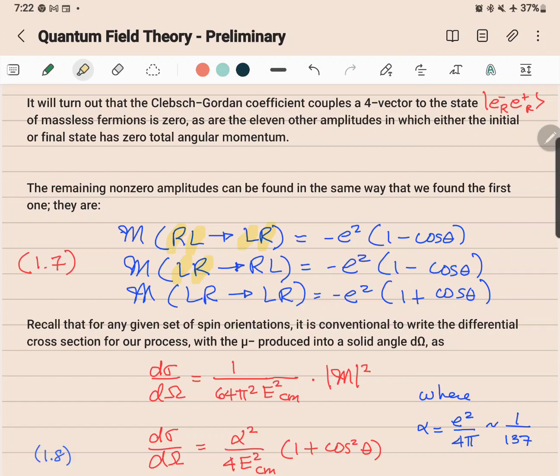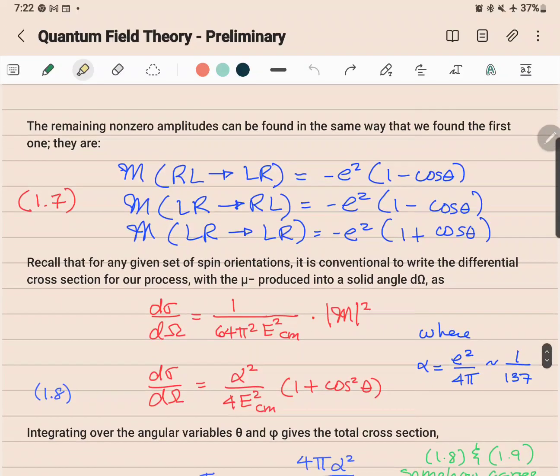So if you have a right-handed electron and right-handed positron, it gives you a 0 amplitude. Or a left-handed electron and left-handed positron also gives you a 0 amplitude. So only when the electron is right-handed and the positron is left-handed do you get a non-zero amplitude. So these are the 3 other remaining combinations that are non-zero.